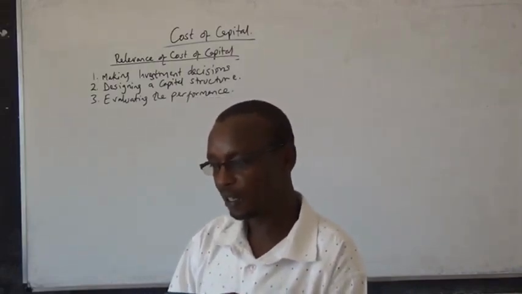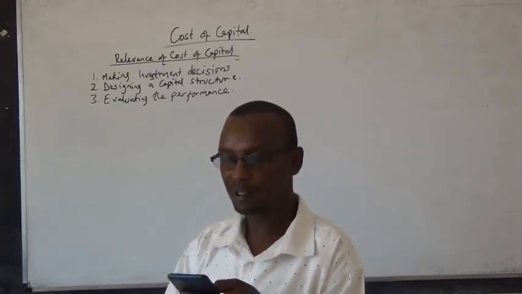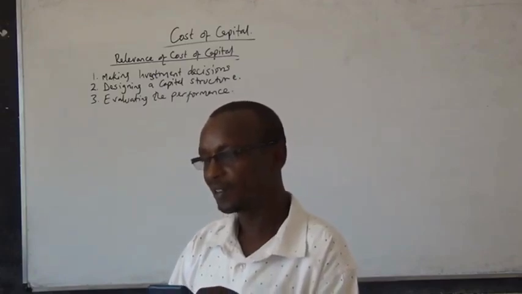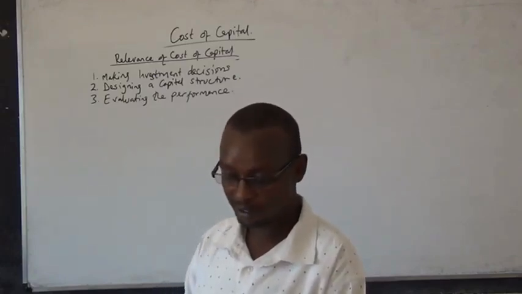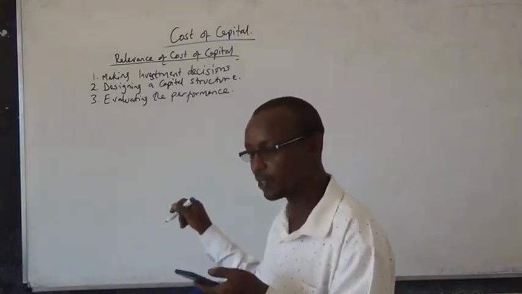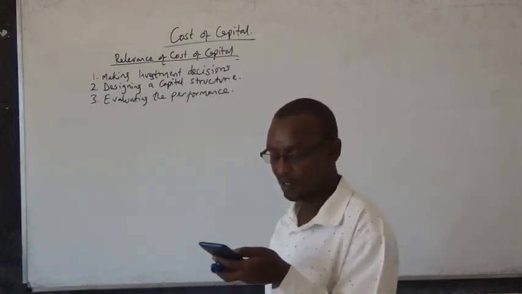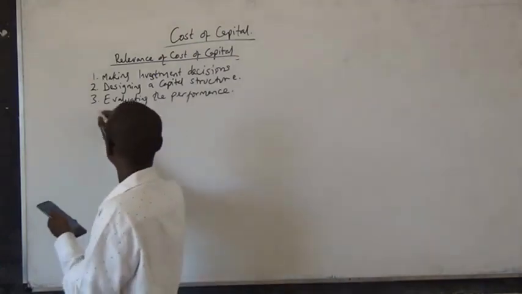Inatukulia capital inatoshana aje. Tunakopa, tunawekea domain, wanakataa kufunza online. So what do you do with that department? When you are evaluating performance, unatumia any net present value, lazima utatumia cost of capital. Okay? Also formulating dividend policy.